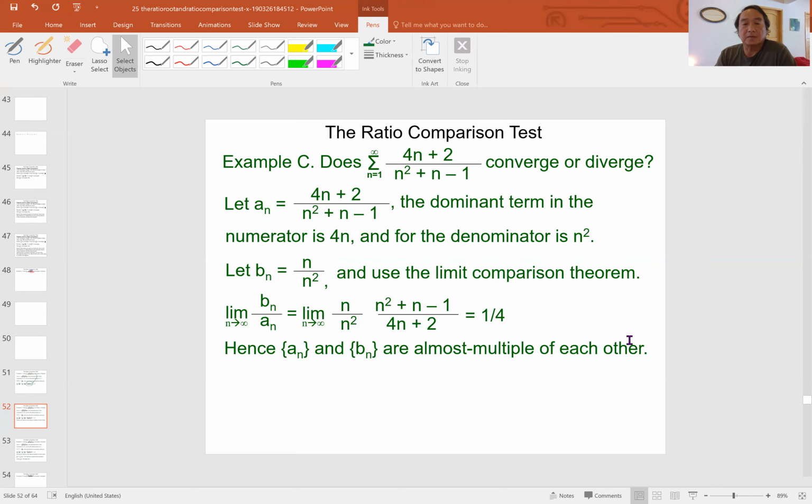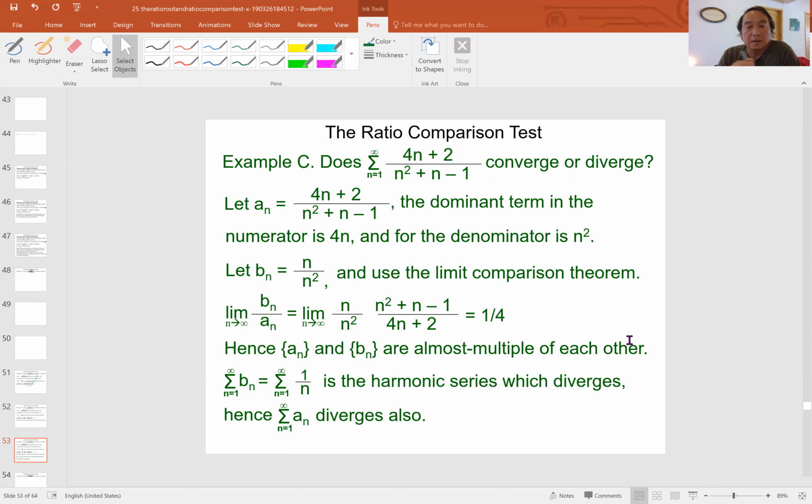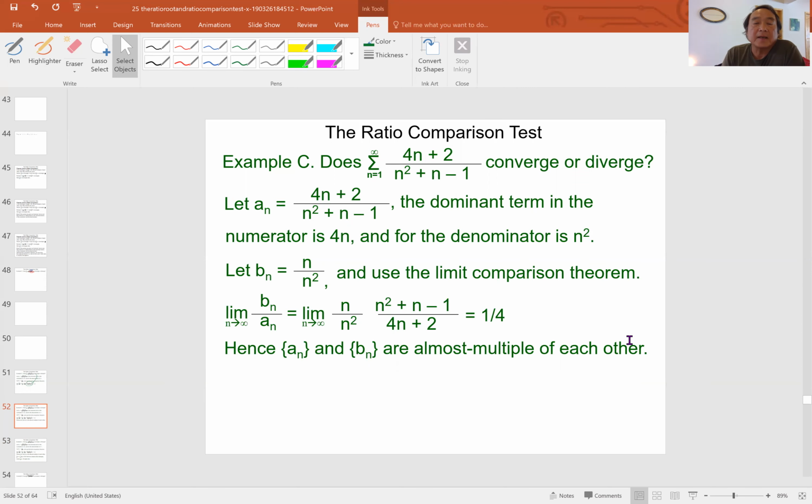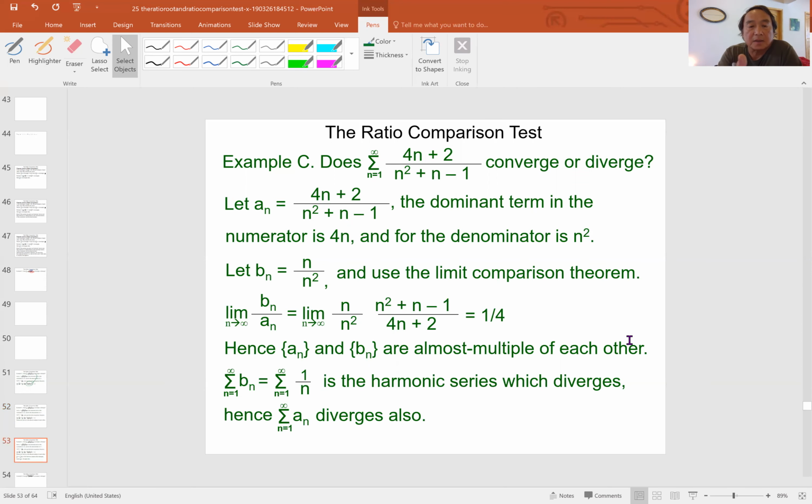Give me a reason for doing this: L'Hopital's rule or cancellations. On the other hand, b_n, this simplified version, is actually the harmonic series, so it diverges. Therefore, going back to the original, it diverges also.